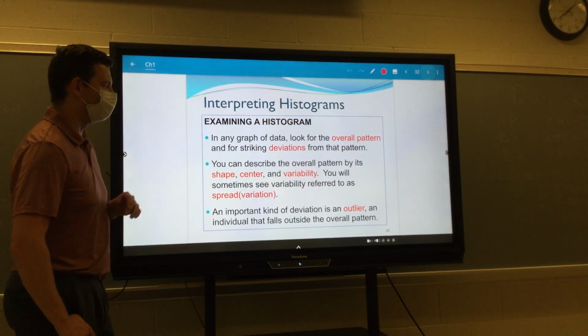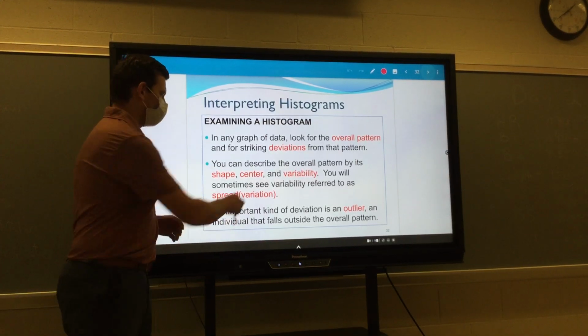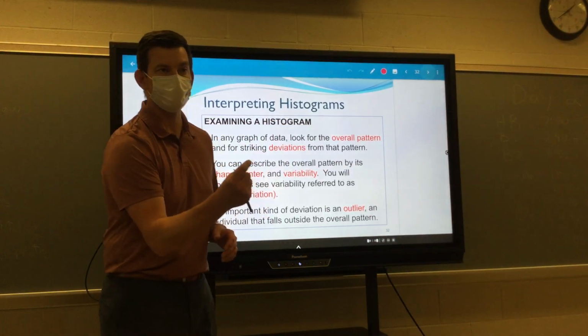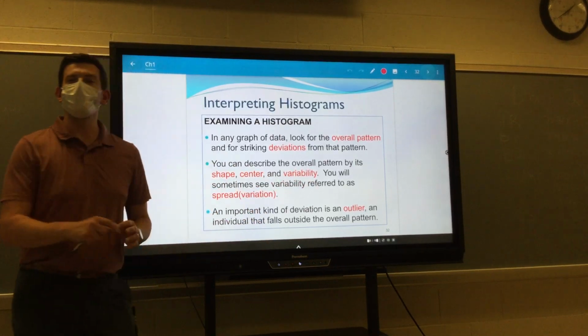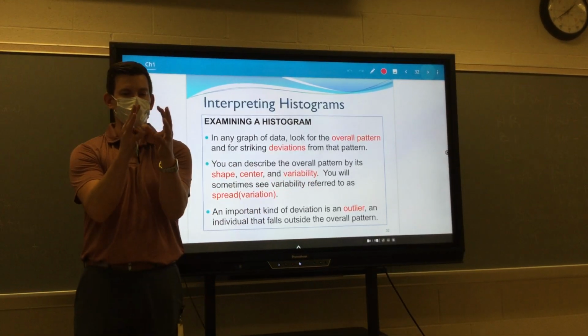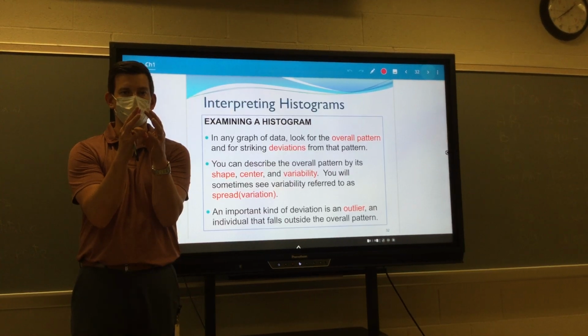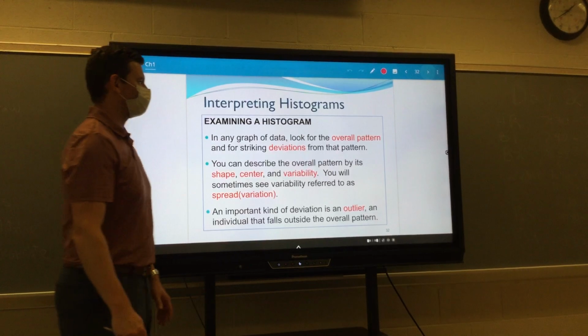We can describe the overall pattern by the shape of it. Where is the center, in terms of the median or the mean? And also looking at the variability. Is everything really compacted right around that center, right around that mean, or is that data very spread out and scattered?